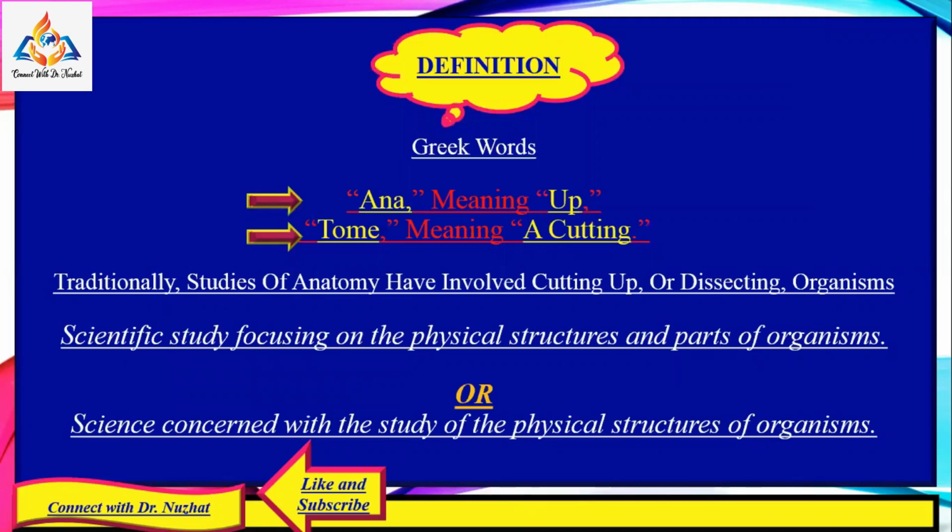Now the definition. Anatomy refers to the internal and external structures of the body and their physical relationship. Anatomy is the Greek word ana meaning up and tom meaning a cutting. Traditionally, studies of anatomy have involved cutting up or dissecting organisms.